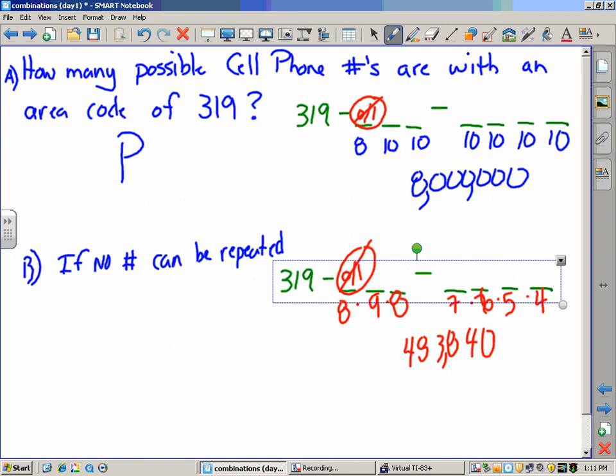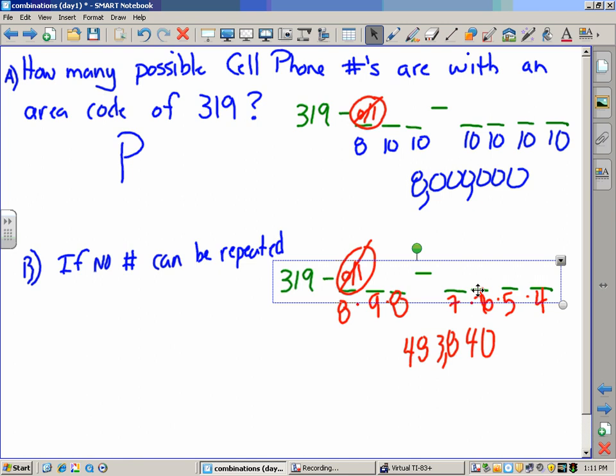I'm just curious, what happens if US Cellular decided that they can only have the prefix 521? How many numbers are possible then? In Iowa, in the 319 area code, it has to be 521. How many cell phones could US Cellular give out here? You can do this in your head.